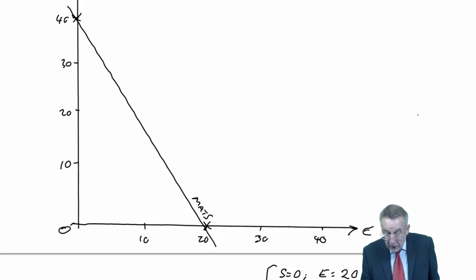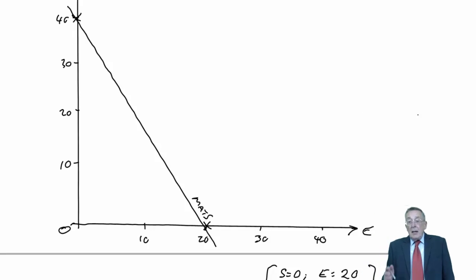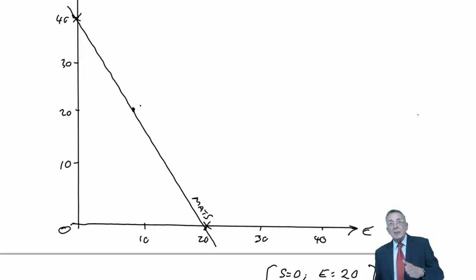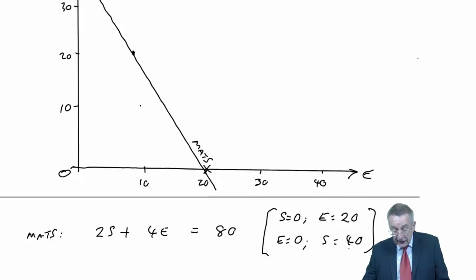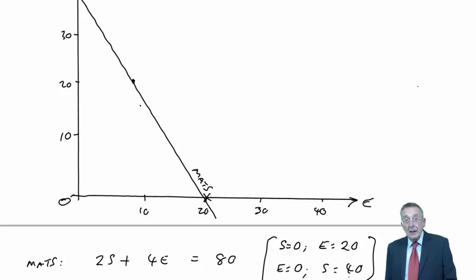And the point is, before we look at the others, that any point on that line, for instance, S20, E10 appears to be on the line, any combination of S and E that is on the line, we'd be using exactly 80 kilos. Of course, there are lots of combinations of S and E on that line.